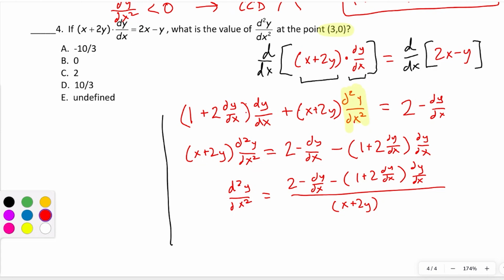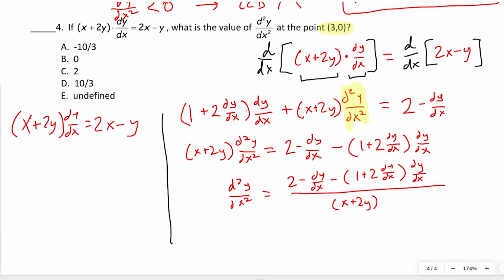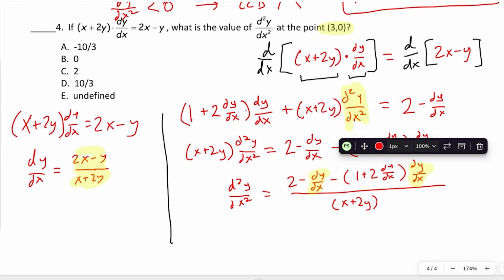And so to do that, we're just going to take that first equation, x plus 2y times dy/dx equals 2x minus y, and solve that for dy/dx. So the first derivative is (2x minus y) over (x plus 2y). Now, technically, you could just go ahead and substitute this in everywhere you see dy/dx. It's probably not worth it, though. Let's just go ahead and evaluate it at (3, 0).